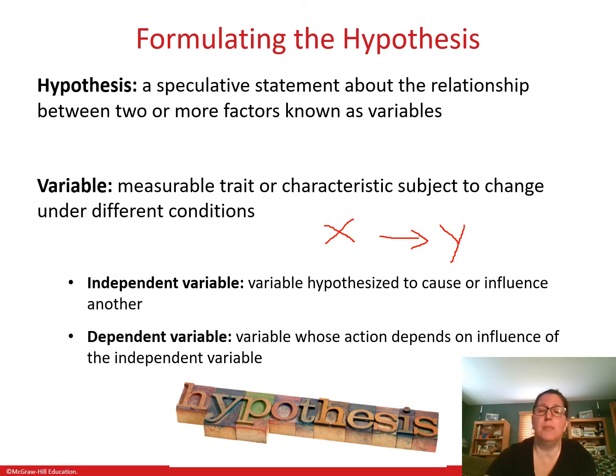So in my example, education is my independent variable, and income is my dependent variable.